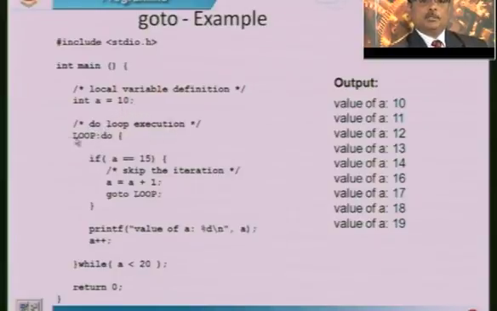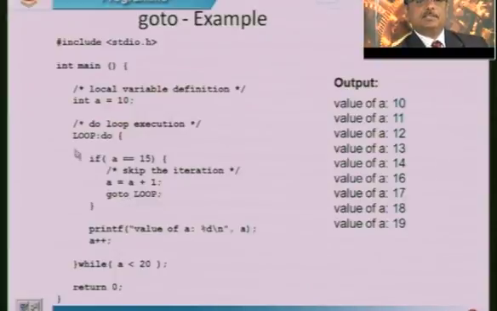Do statement, observe this part, loop colon, forget about this part, I will come back. Do begin, inside the begin, do and while, put a condition. If a double equal to 15, a is equal to a plus 1, it gets incremented by 1. Otherwise, after this, goto loop.